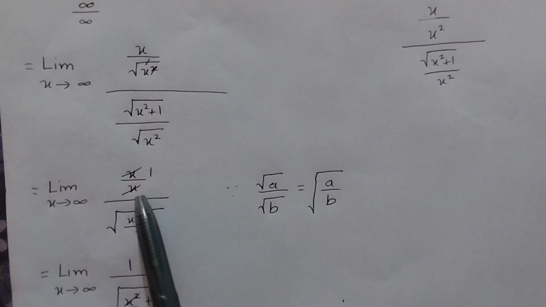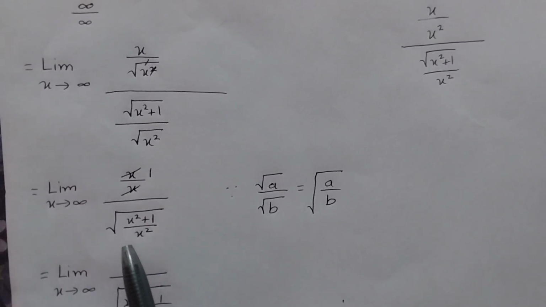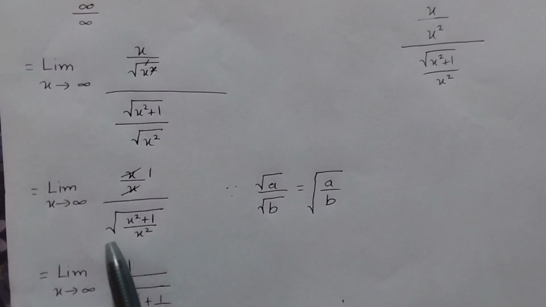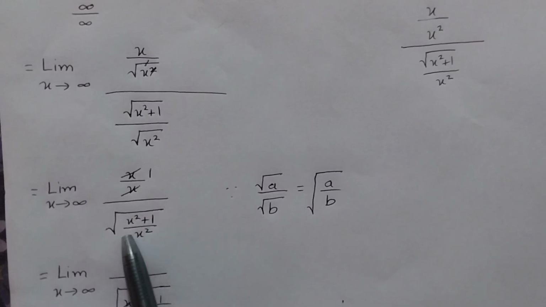In the numerator, x and x cancel out, and in the denominator, now you see what dividing by the square root of x squared has done for us. Now we have an expression inside a single square root, and we can distribute this over the common denominator. So we can write this as x squared over x squared plus 1 over x squared.